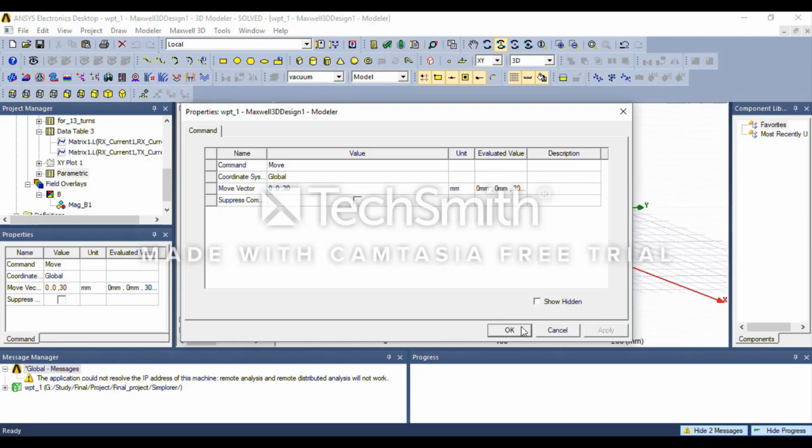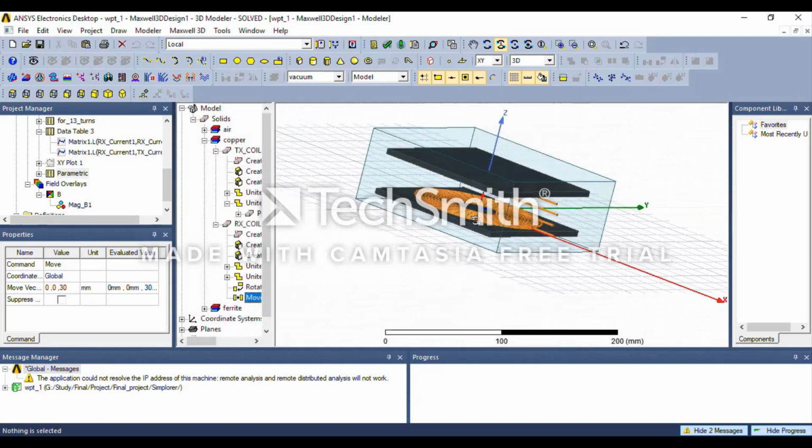Again we have run the Maxwell analysis to get results like the mutual inductance between the two coils and the coefficient of coupling between the two coils. So let's see these results.